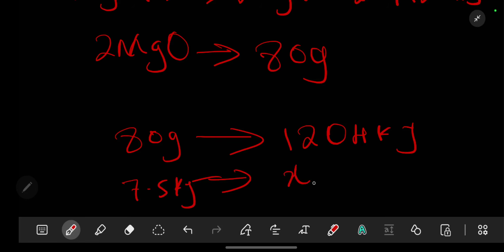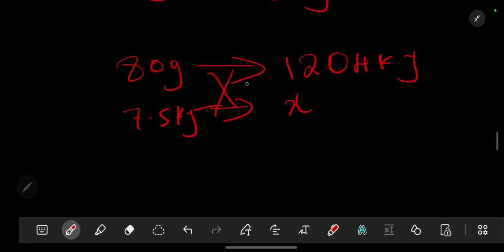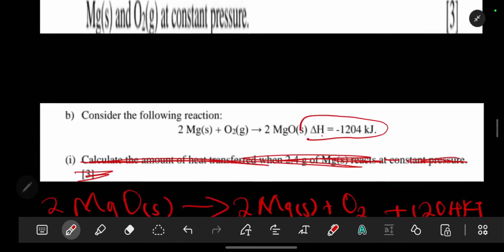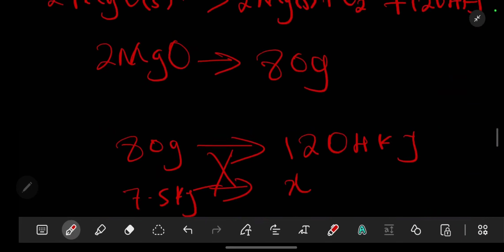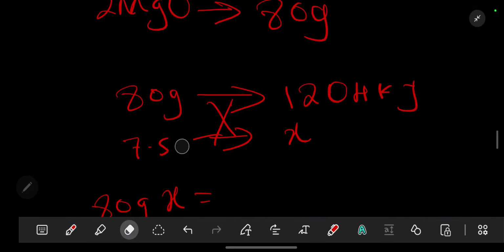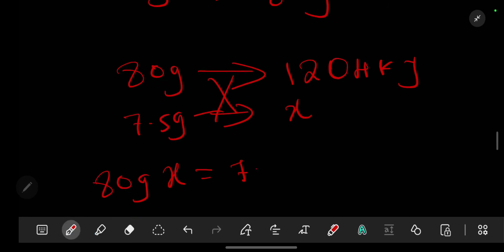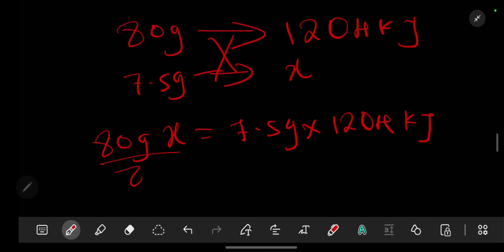How about if you have the 7.5 grams? The enthalpy you don't know, so you cross multiply. So 80 grams by X, X should be equal to 7.5 grams times 1004 kilojoules, divided by 80.